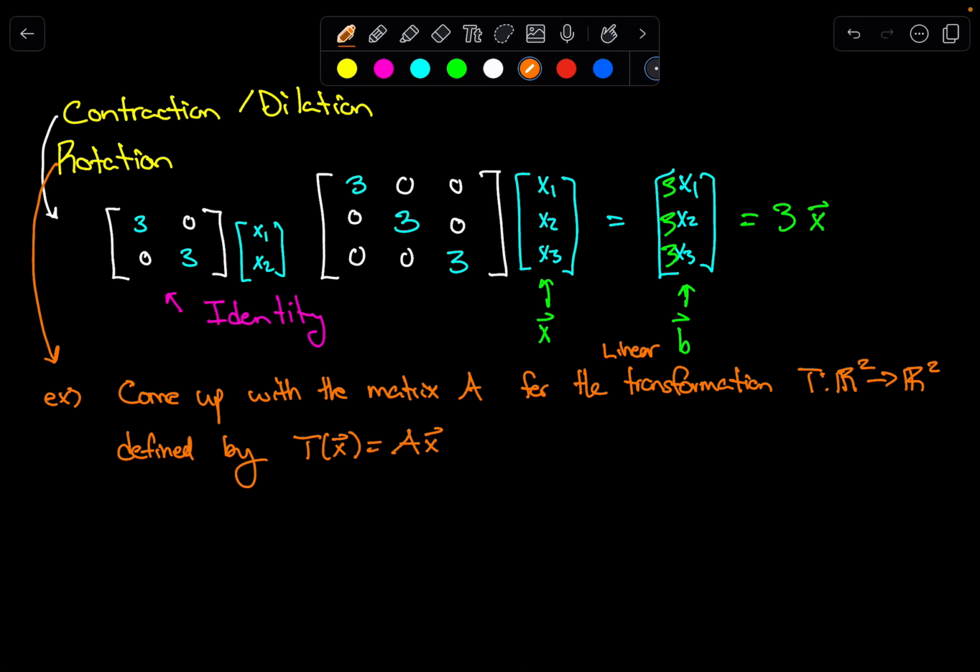So come up with the matrix A that rotates a vector 90 degrees counterclockwise.